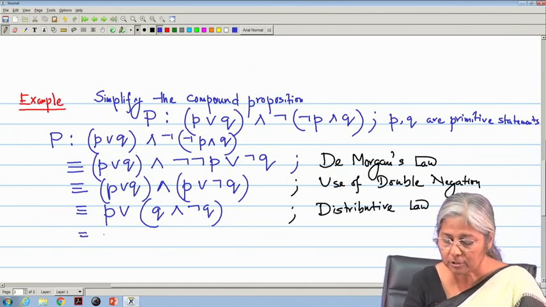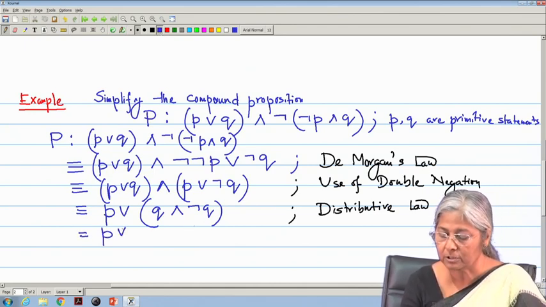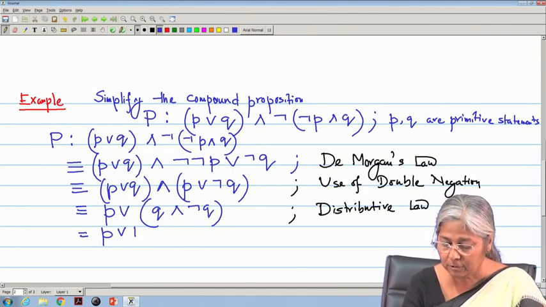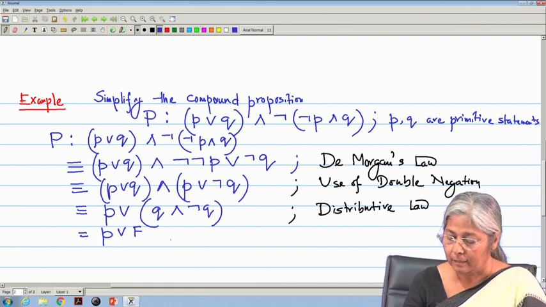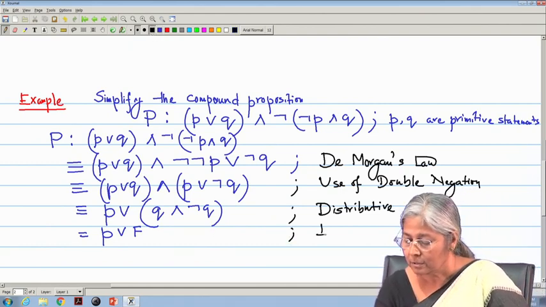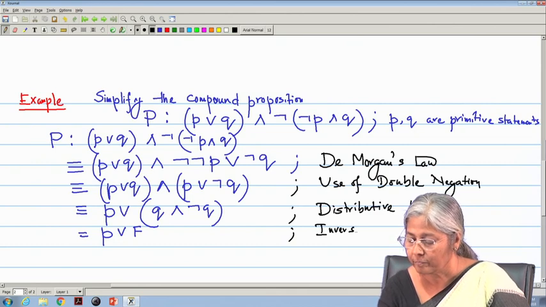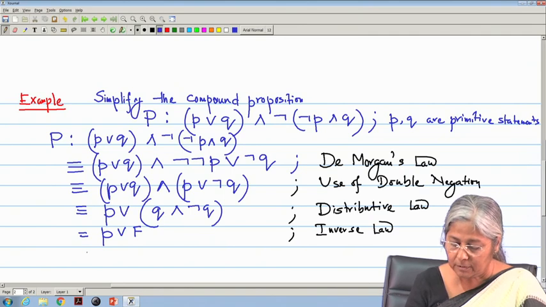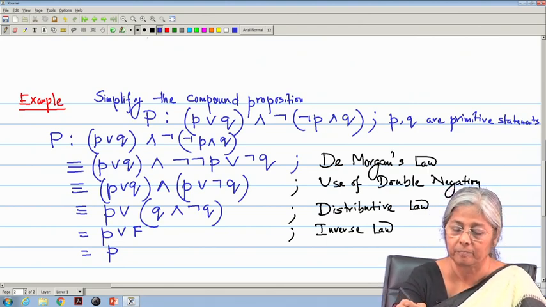Q and negation Q is F, always false. This is the inverse law, and this becomes P or F. So this becomes only P, which is the identity law.